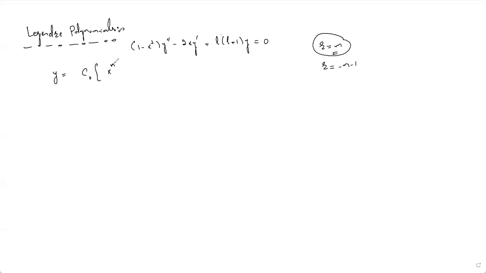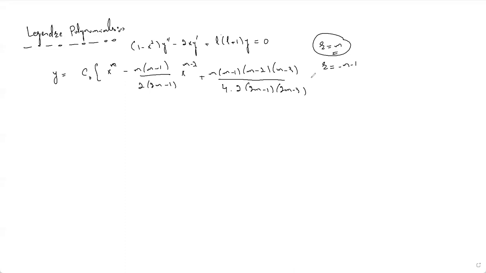So it is x raised to power m minus m into m minus 1 divided by 2 into 2m minus 1, then x raised to power m minus 2, plus m into m minus 1 into m minus 2 into m minus 3 divided by 4 into 2m minus 1 into 2m minus 3, then x raised to power m minus 4, plus some other terms.